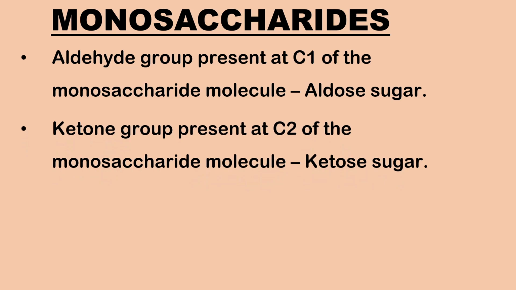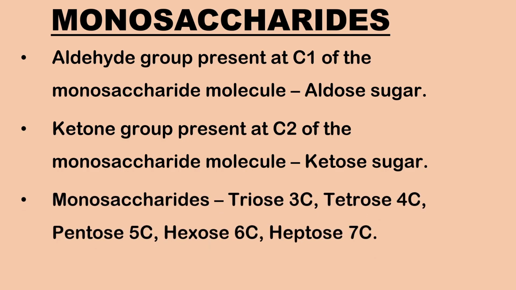Ketone group is always present at carbon number 2 of the monosaccharide molecule. Such sugars are termed as ketoses or ketose sugars. Monosaccharides are known as triose, tetrose, pentose, hexose, heptose when the number of carbon atoms are 3, 4, 5, 6 and 7 respectively.